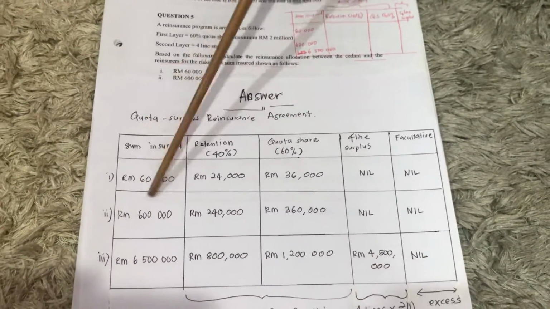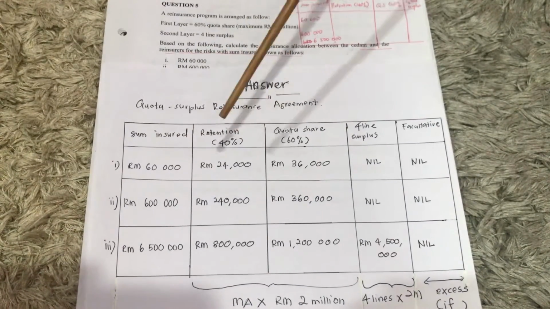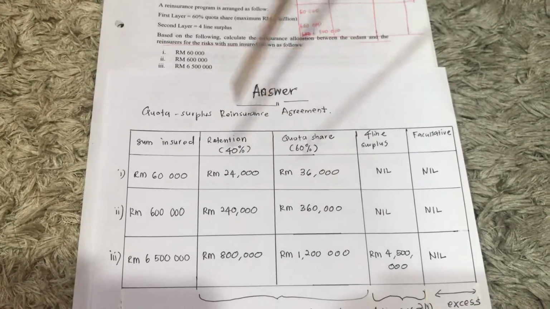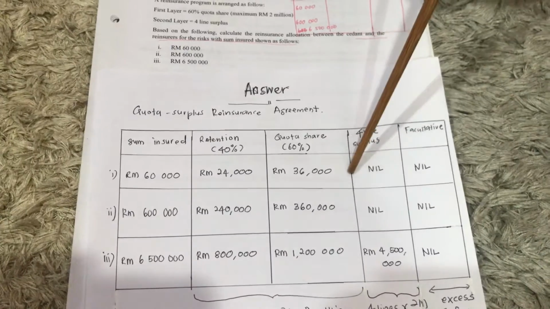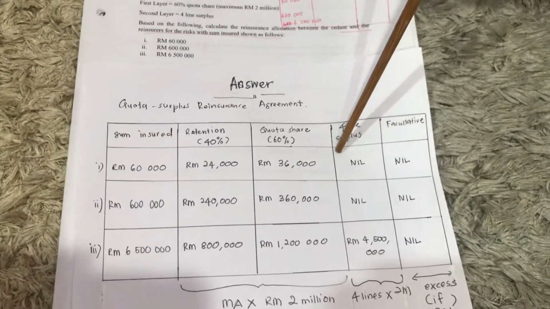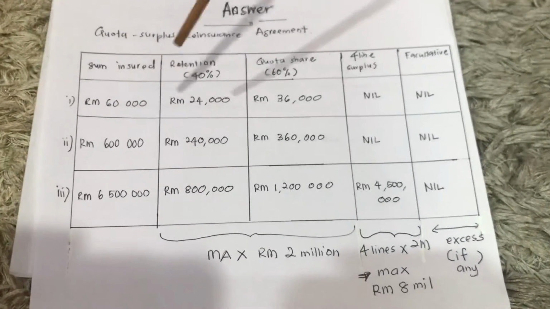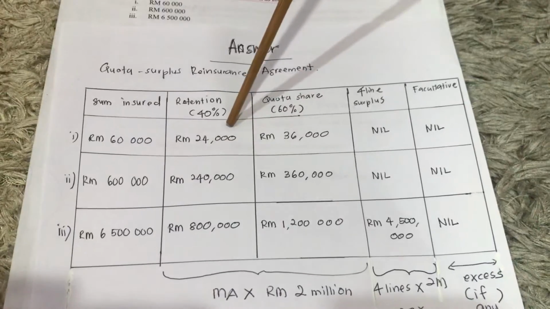As you can see, if the risk is 60,000, how much does the company retain? The company retains 40%, because the quota share of 60% is reinsured to the reinsurance company. So 40% out of 60,000 gives you 24,000.